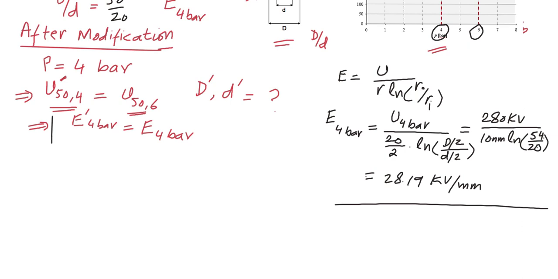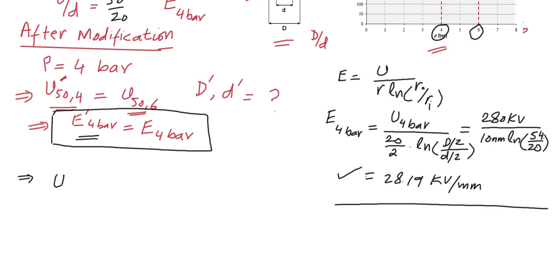Okay, so this was before we did the modification. Now our condition states that after the modification, our breakdown field strength must remain the same. So the new electric field strength at the surface of the conductor will be the same as before the modification. That's our first condition. Now let's write the equation for after the modification at 4 bar.